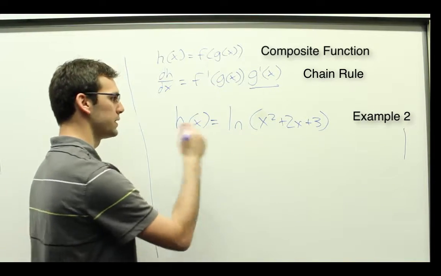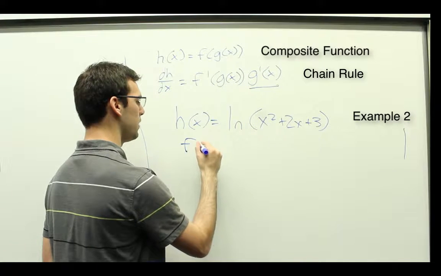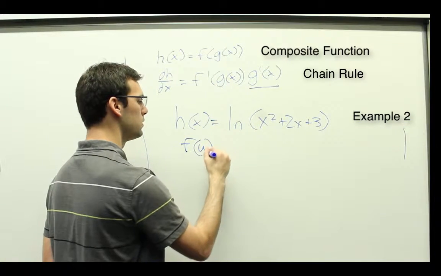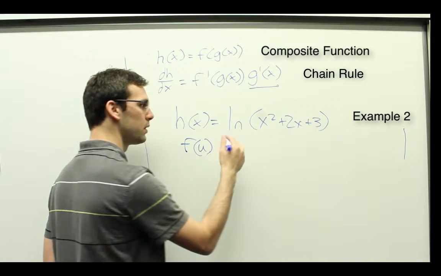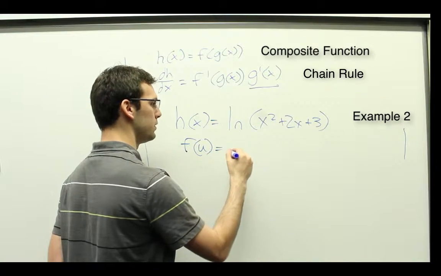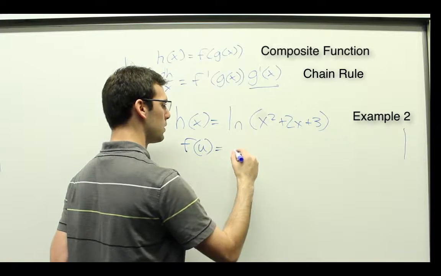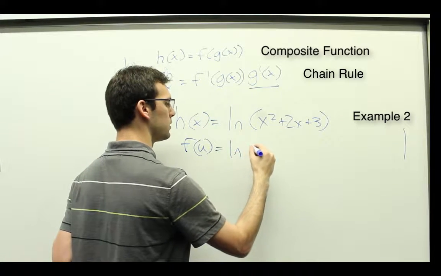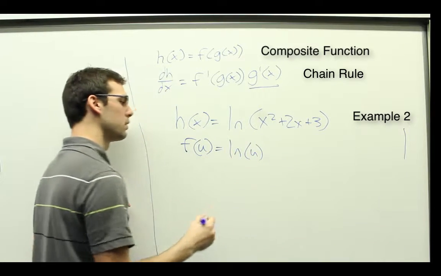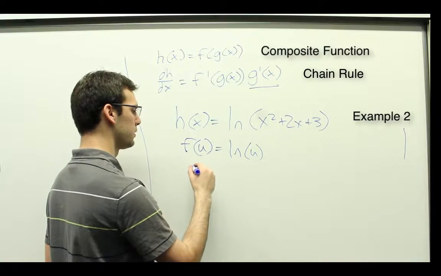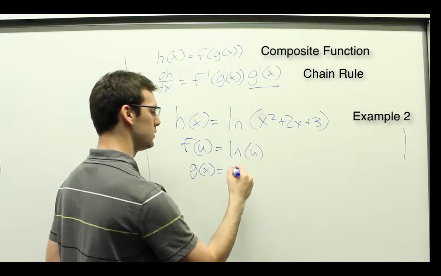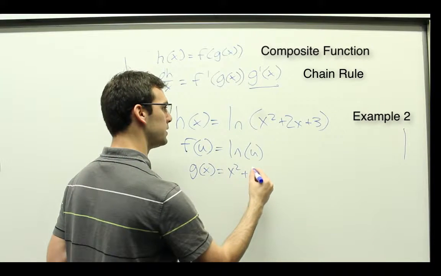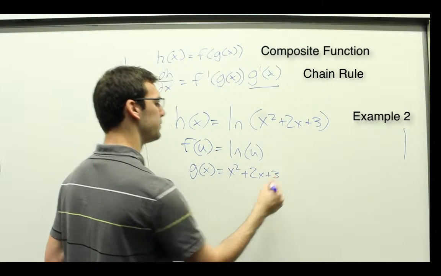Right? So once again, f of u, or f of the inner function, which we're going to represent as u, equal to the natural log of u, and g of x equals x squared plus 2x plus 3.